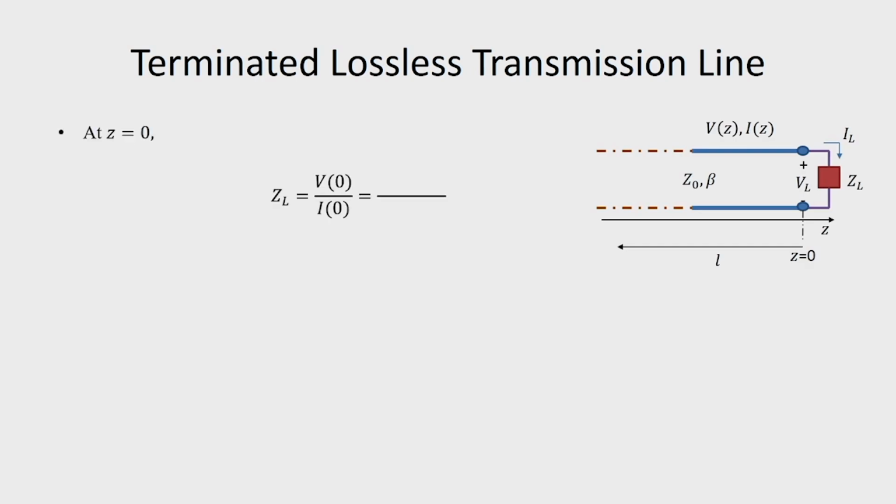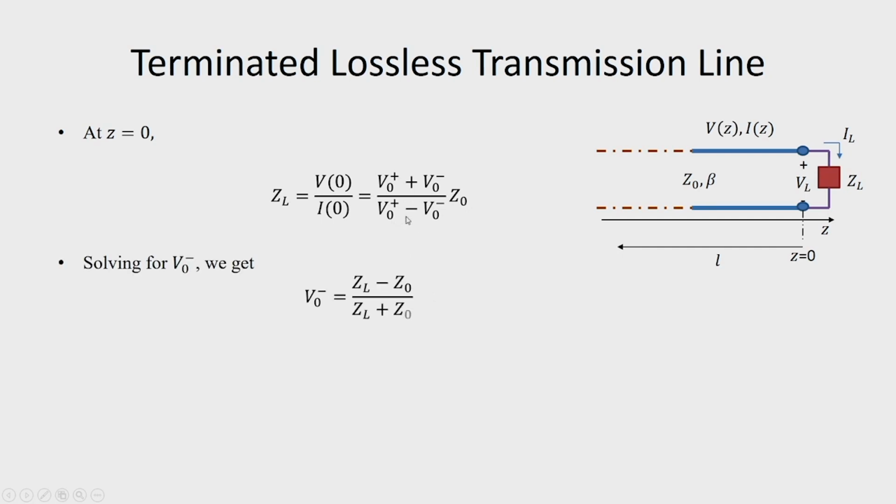Now, if you consider z is equal to 0, then the load impedance ZL becomes V naught by I naught, and substituting z is equal to 0 in the expression for the voltage and current, we get V naught plus plus V naught minus divided by V naught plus minus V naught minus, into Z naught.